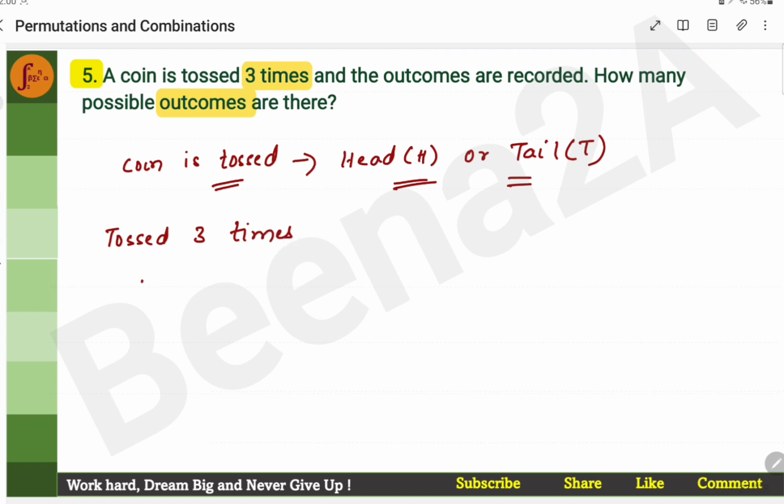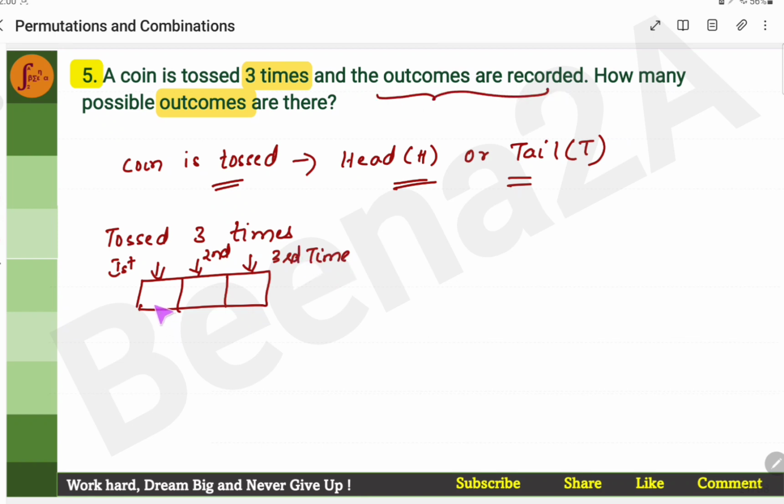So we'll put 3 boxes: first time, second time, third time. These outcomes are getting recorded. The first time, you have 2 possibilities, head or tail. The second time also, 2 possibilities, and the third time also, either head or tail.